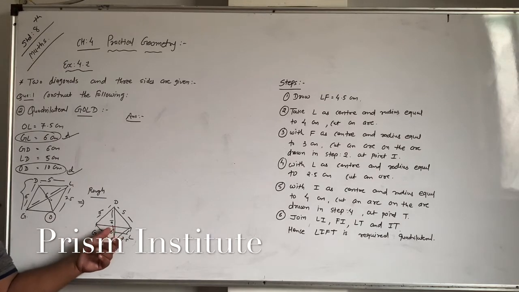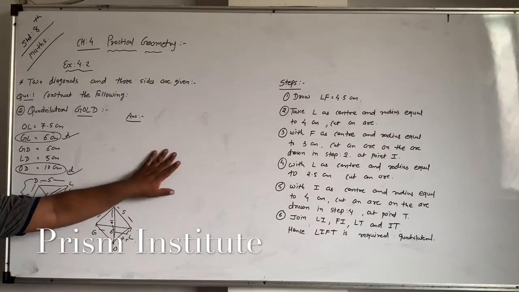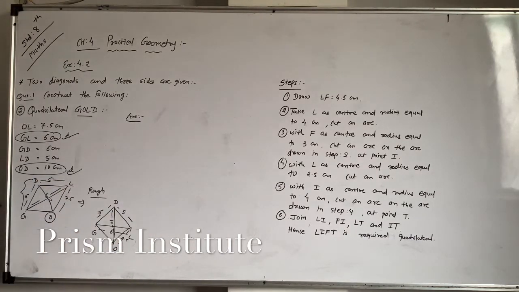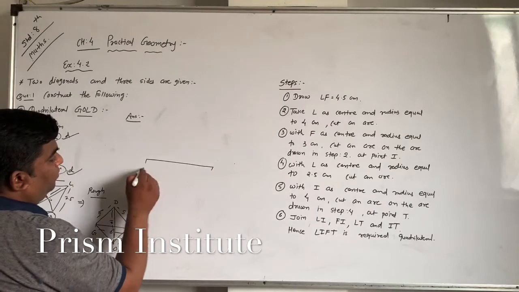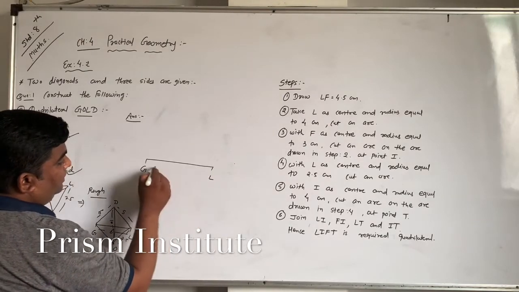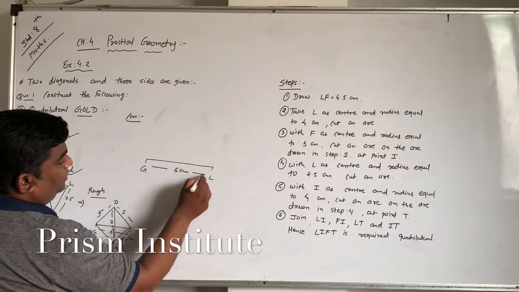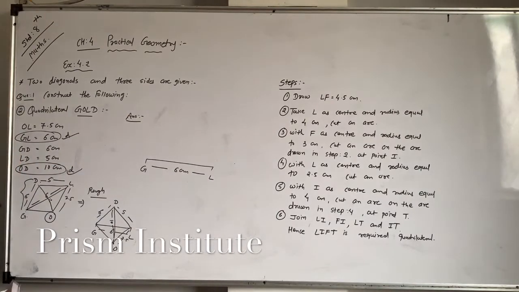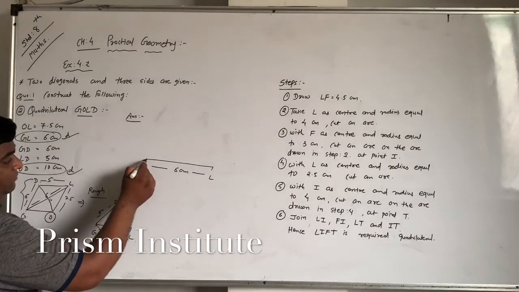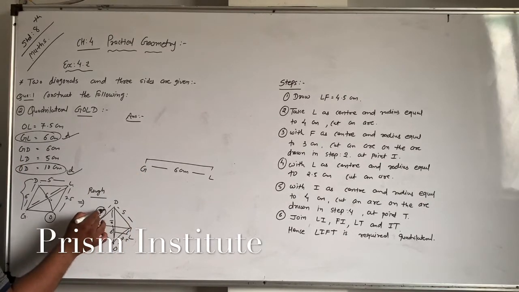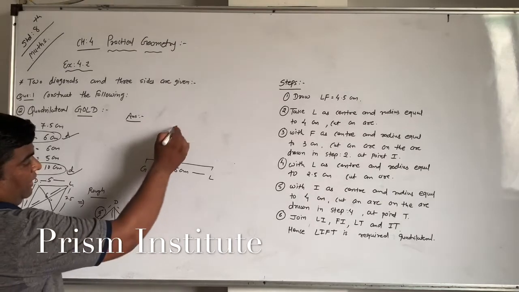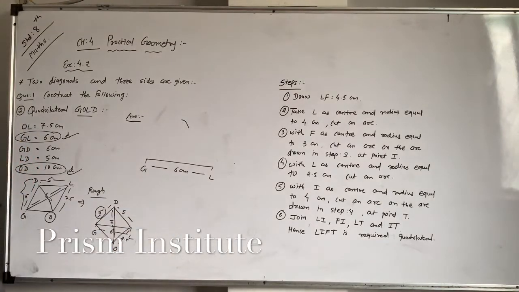How to draw this? First of all, draw the construction with the help of the diagonal. Now your diagonal is GL, 6 centimeter. So first of all, draw GL equal to 6 centimeter using scale and compass. Okay. Now take G as a center and radius 6 centimeter and draw an arc in one half plane.